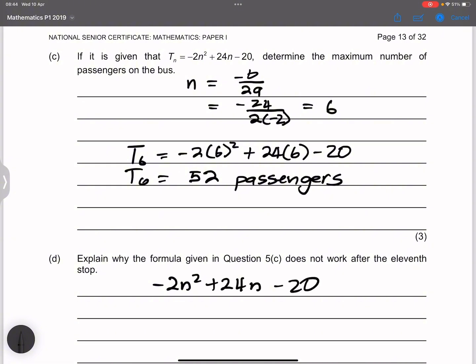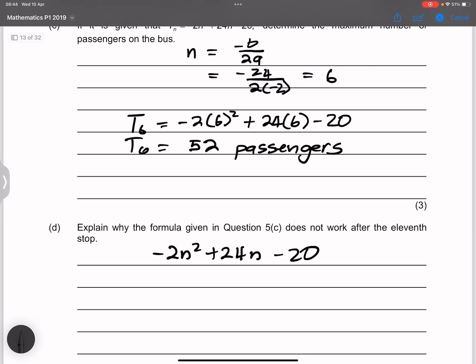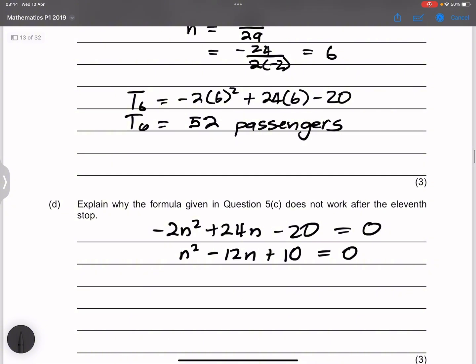If we divide by negative 2, we're left with n squared minus 12n plus 10, and this is equal to 0. So what are we going to have? Factors of 10 such that when I add them would give me 12. Is that even possible? Right, so 5 and 2, no, doesn't.